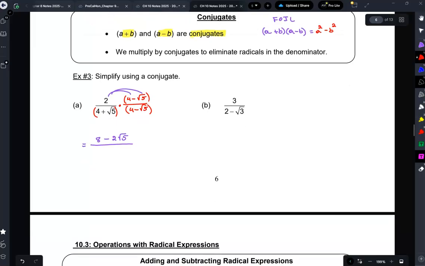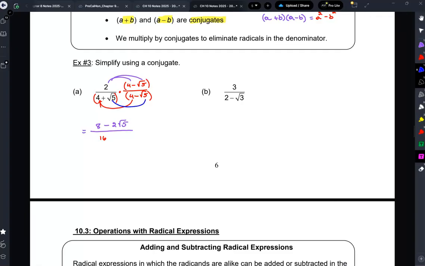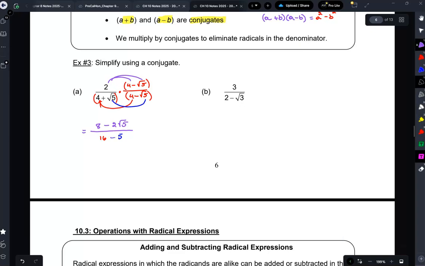So take a look at what we're going to do. You're going to square the first one. What do I get? 16, right? So basically this times this. And then we're going to do this times this, and we're going to get 5. But we're going to put a minus in the middle. Always a minus in the middle. So now I get 8 minus 2 root 5 over 11.